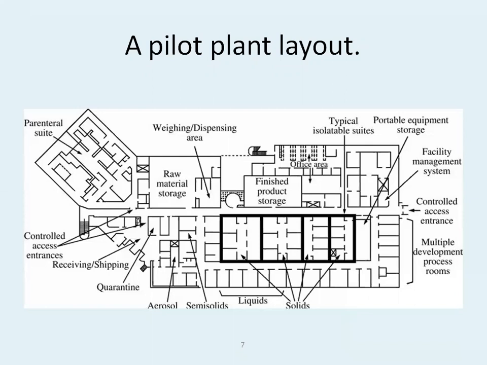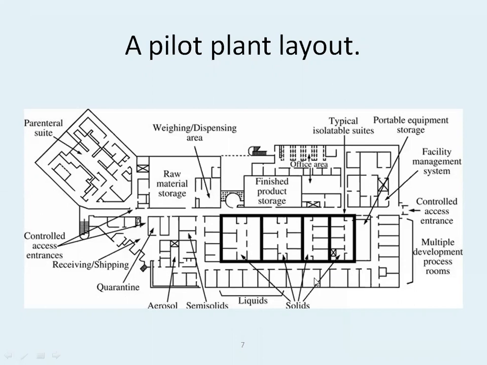This is sometimes a very complicated one, but if we go unit by unit, you can see that for each form they mention the area, likewise the aerosols, the semi-solids, the liquids, the solids.